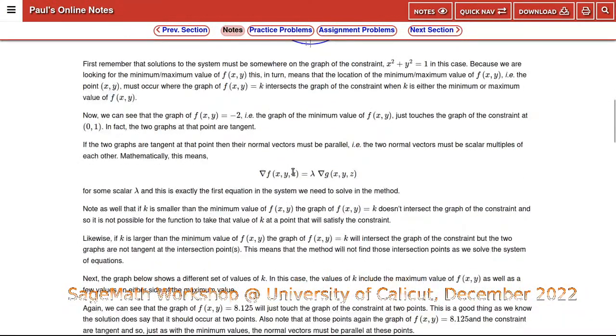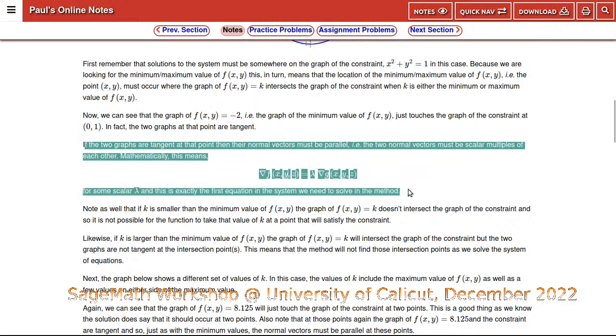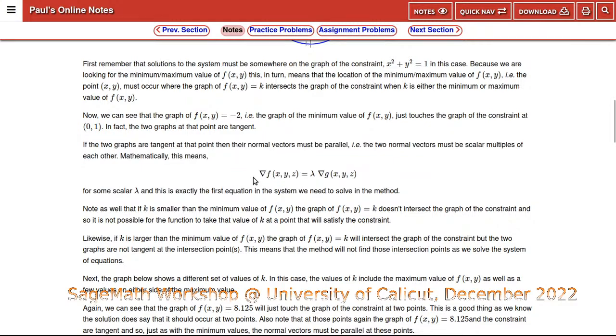So essentially we are trying to solve this. This is what we are trying to do. Gradient f(x, y) equal to lambda gradient g(x, y), which means that the gradient of f and gradient of g are scalar multiples of each other. That's what essentially it means. What scalar multiple, that's not very important for us.